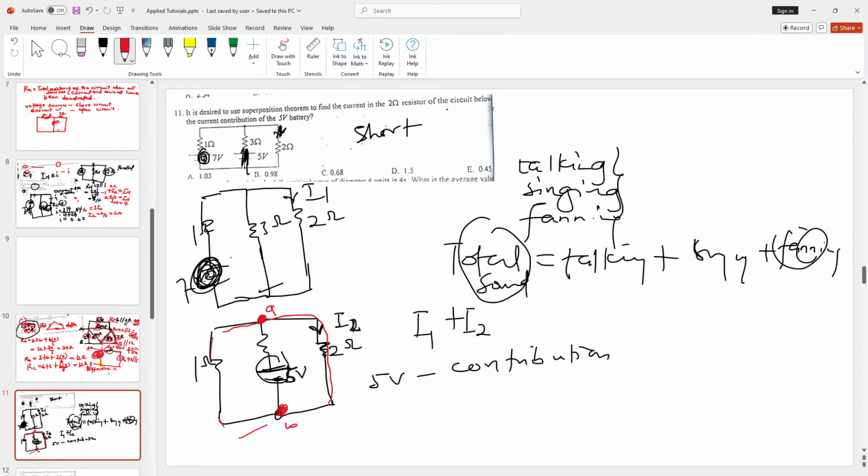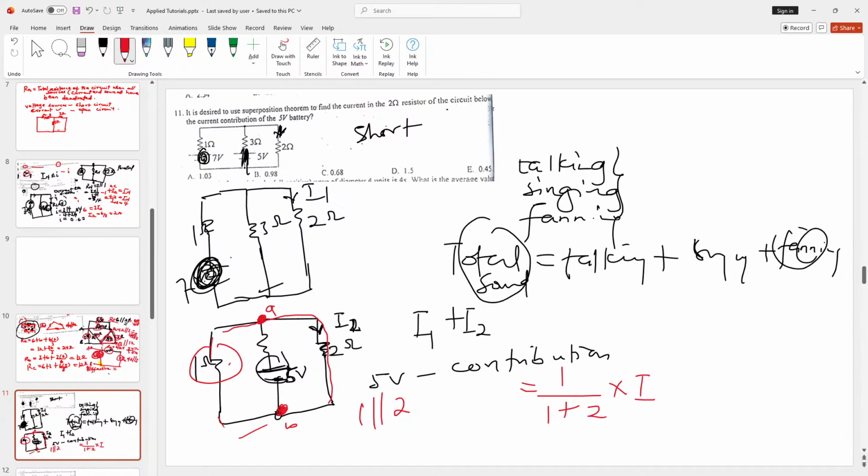So 1 is in parallel with 2. All right, so to find the current passing through this one using current division, we consider the other resistor, that is 1 over the summation of 1 plus the one we want to find, 2, times the total current coming.